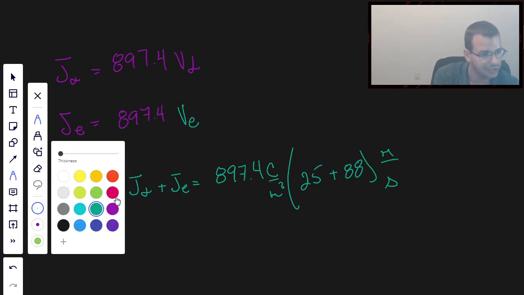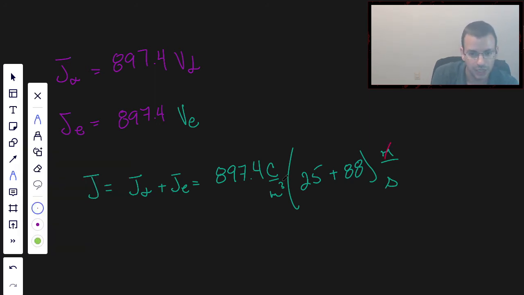And when we cancel this, we get coulombs per second, which is current, amps, per square meter, which makes sense. It's good to look at that from a dimensional analysis point of view, just to make sure we're not completely crazy.